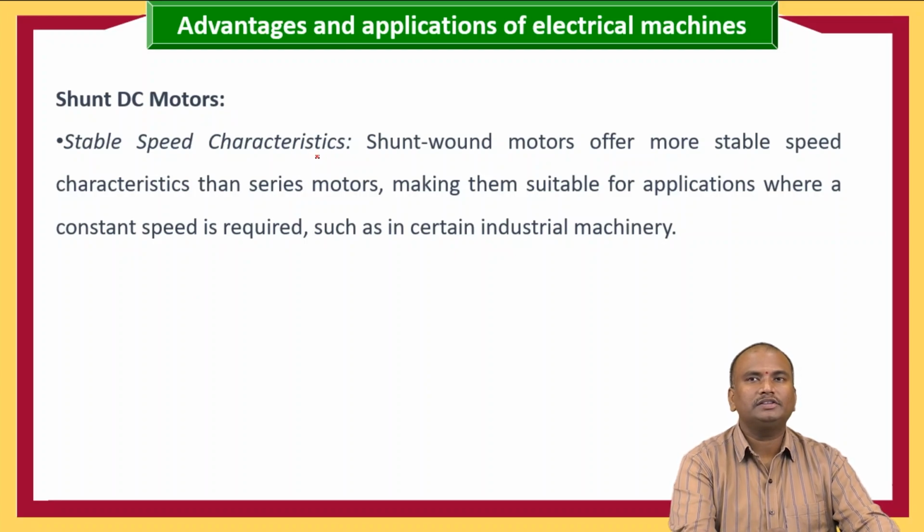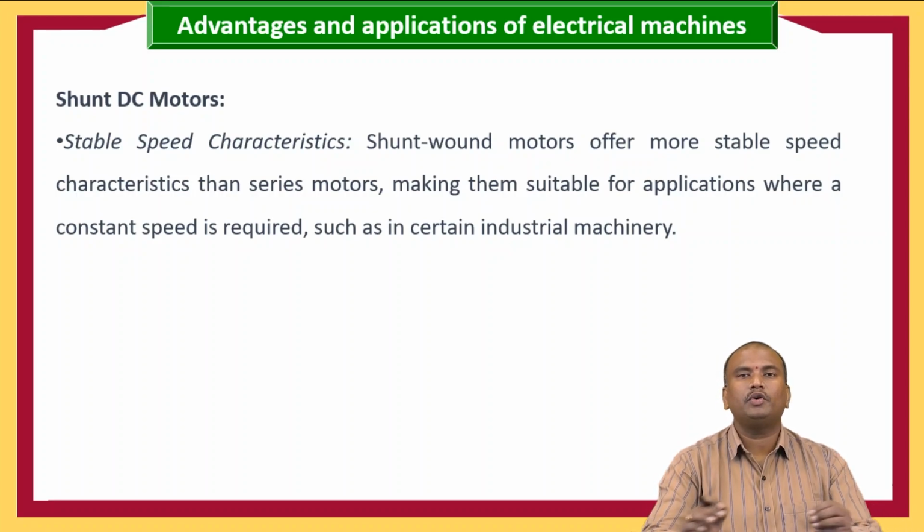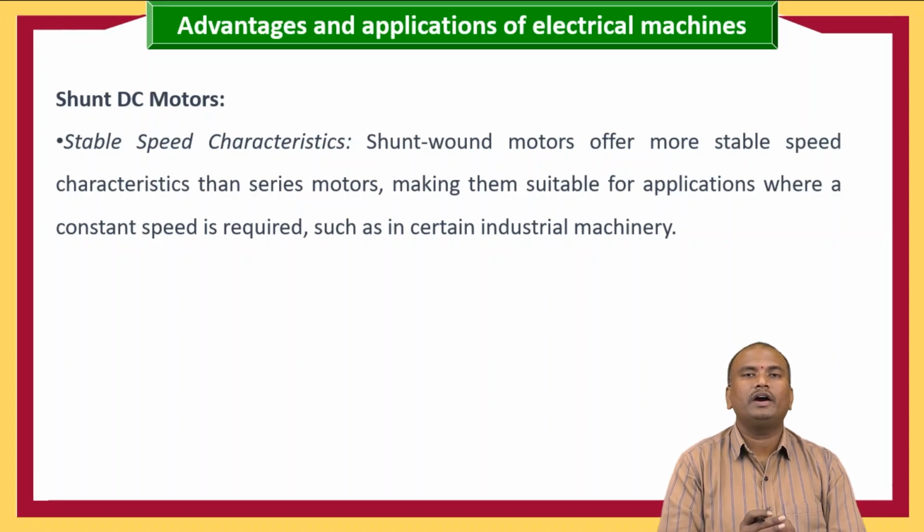And shunt motors. Here shunt motors exhibit stable speed characteristics. Shunt wound motors offer more stable speed characteristics than series motors, because the flux in shunt motors is nearly constant, since we provide the voltage in parallel to the shunt field winding.